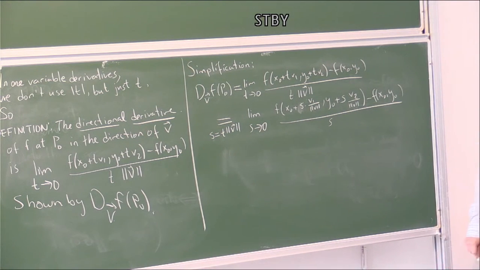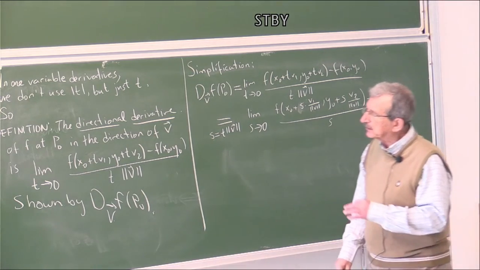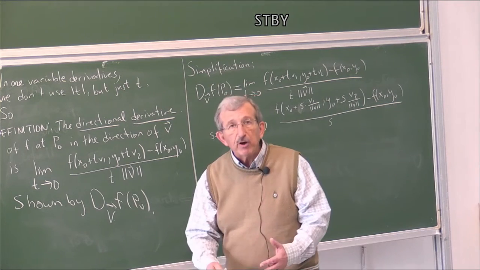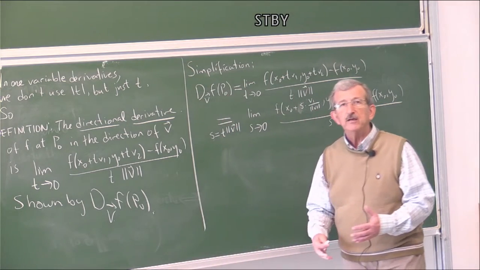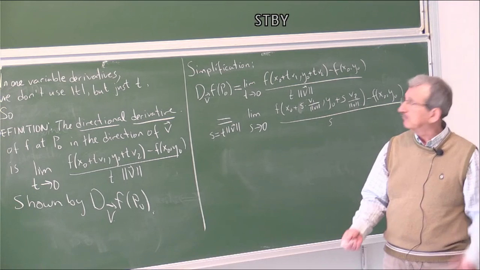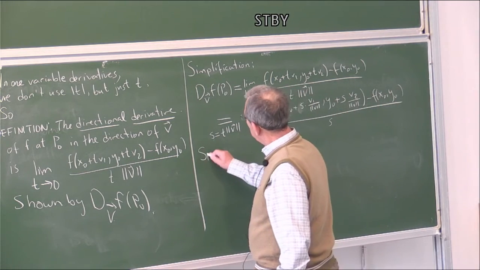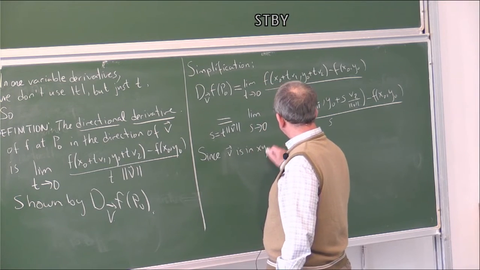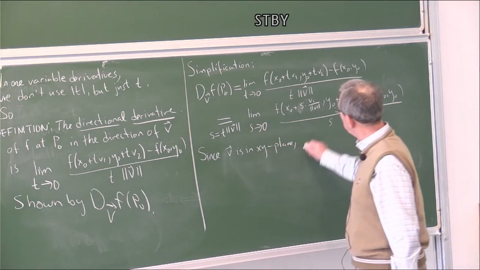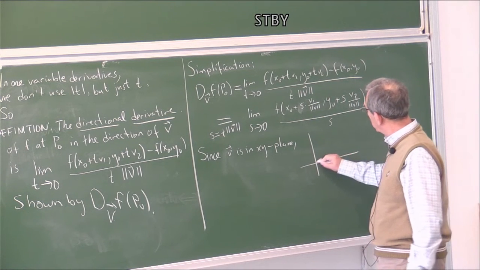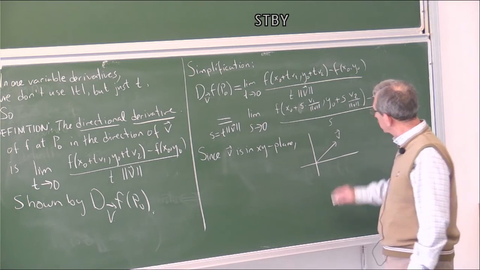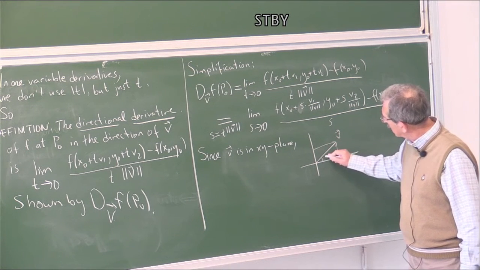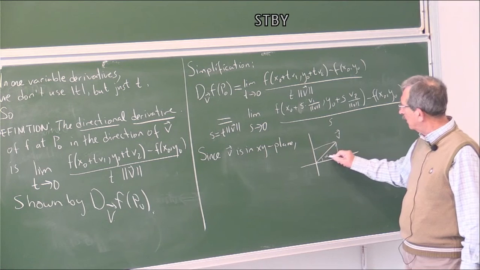Now, v, remember, is actually a vector in space, but its z coordinate is 0, so it is actually a vector in the plane. So, since V is in the xy plane, okay, we have here our alpha angle.